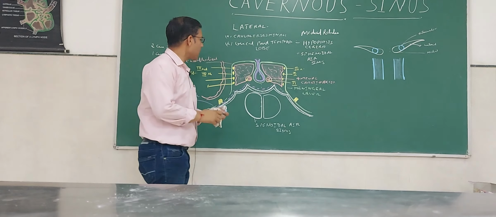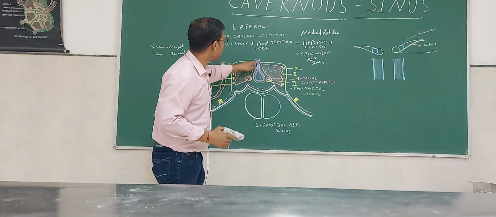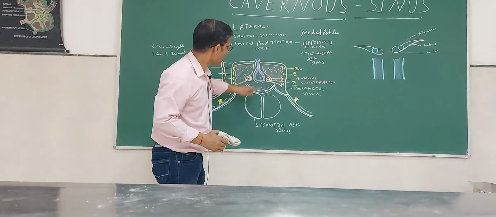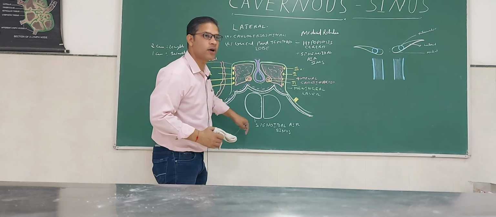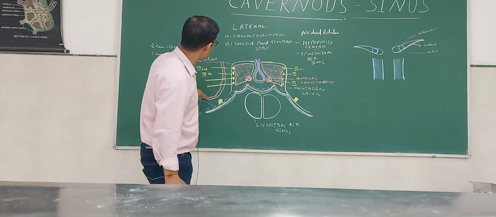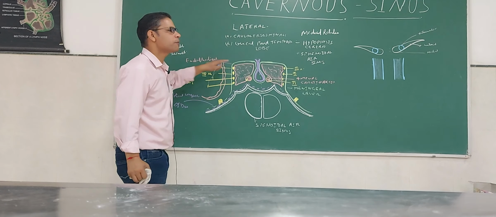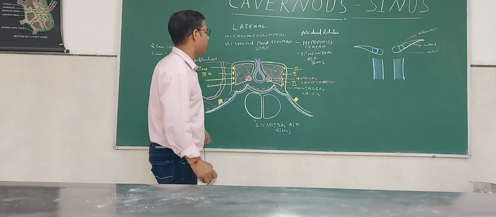So we decided the boundaries. Medially there was the hypophysis cerebri. Below this one there are the sphenoidal air sinuses. Laterally there was the temporal lobe, especially the uncus part, and the cavum trigeminale.